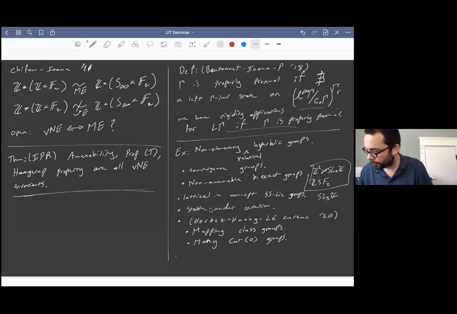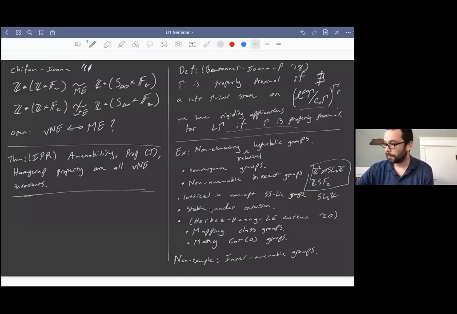For a non-example, we have that inner amenable groups are not properly proximal. Basically the same reason I told you before, so this you can see directly from the definition, because if you had an amenable group, then of course you would have a left invariant state on any C*-algebra that you're acting on.